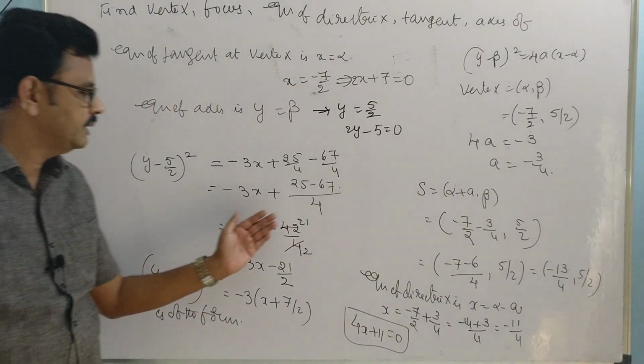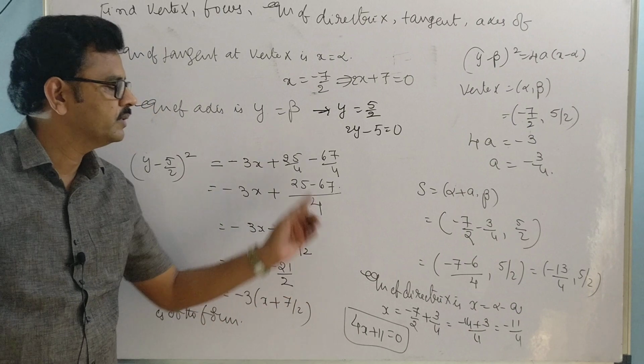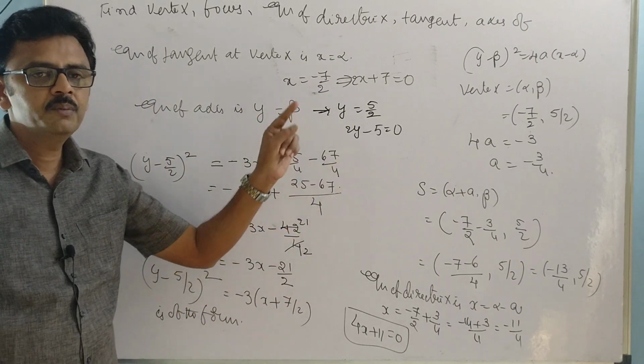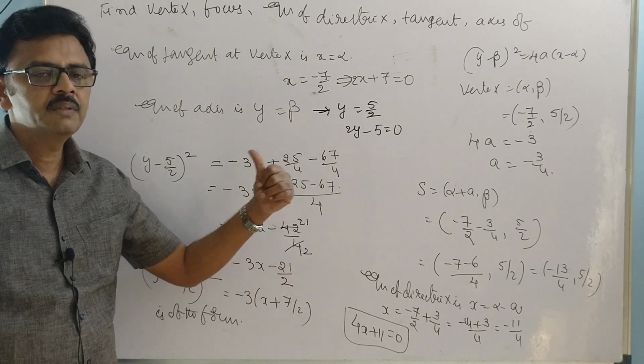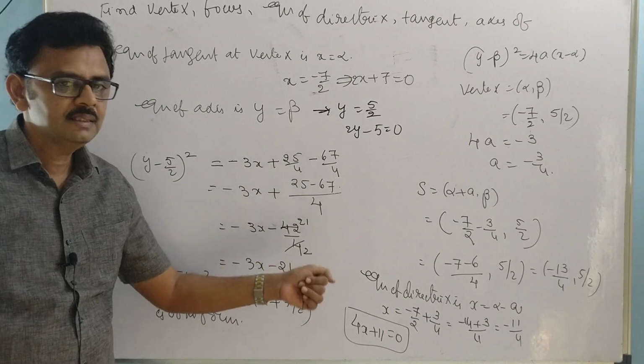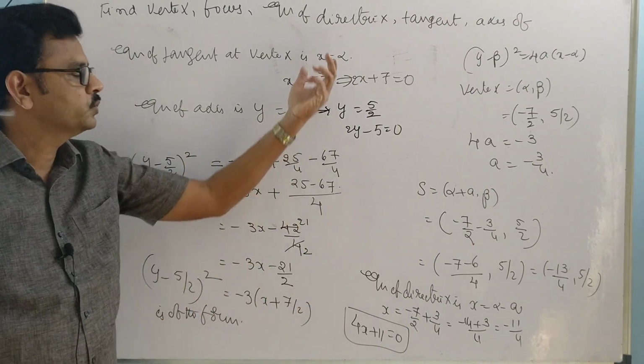So, in our material, there are so many problems. For one problem, find vertex. One problem, focus. One problem, equation of directrix. One is axis. One is tangent. There are so many problems.